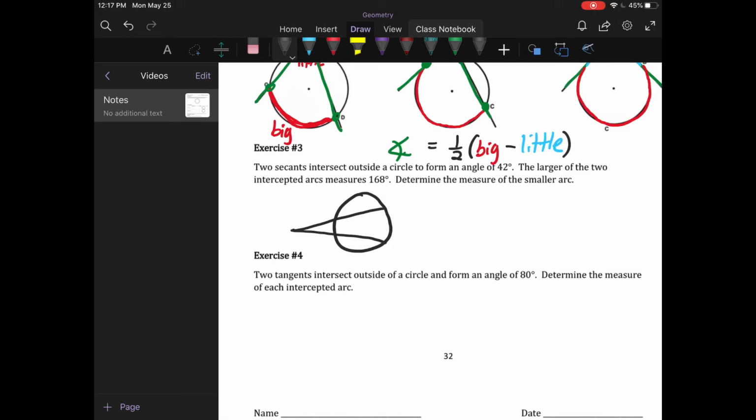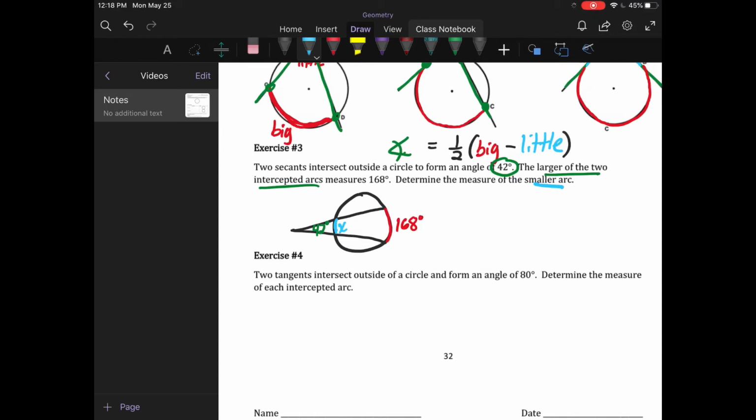And they meet at a point, and that point is going to have 42 degrees right there. It says the larger of the 2 intercepted arcs, so that means the big one, so that's this right here, is 168. And we want to determine the smaller arc, so that's the little piece, which is here, and we can call that x.